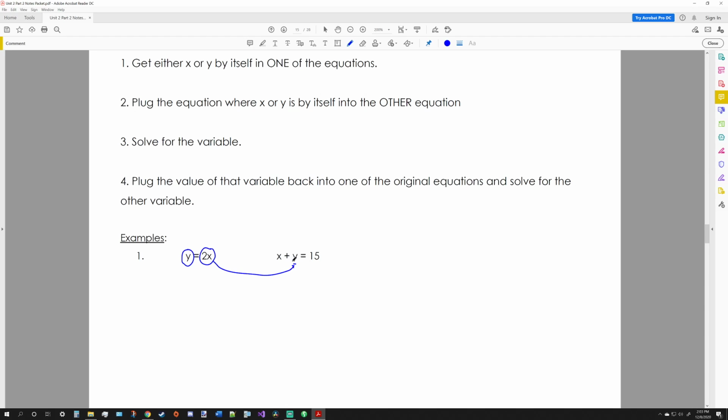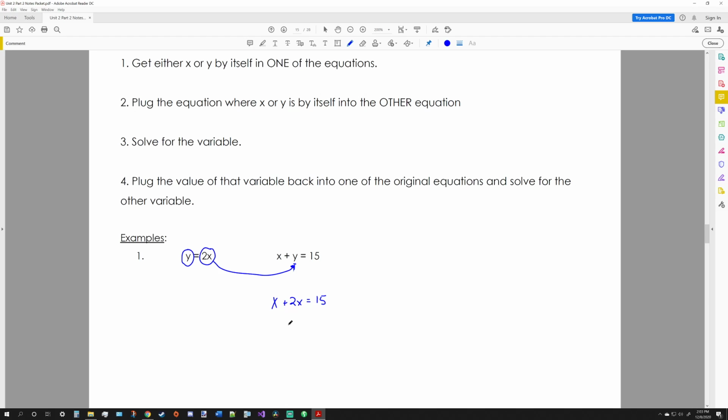So we're going to take this equation here and replace the y with 2x. So I still have an x, and then instead of the y, I have plus 2x equals 15.